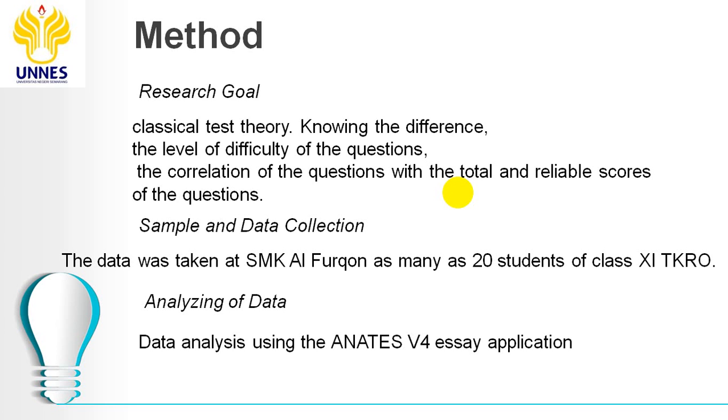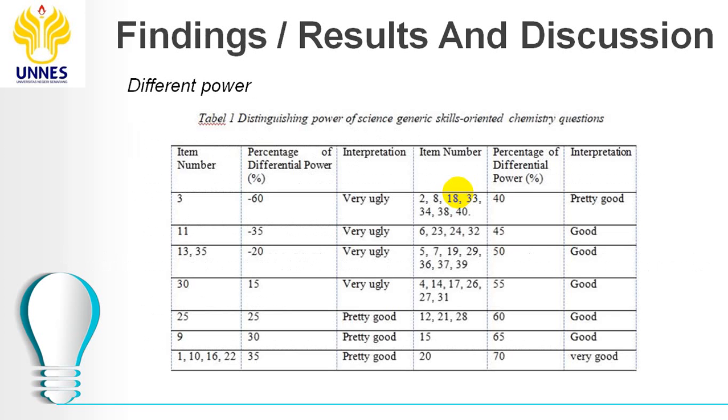Sample of data collection: the data was taken at SMK Al Furqan, as many as 20 students of class 11 TKRO. Analysis of data: data analysis using the ANATES V4 application.